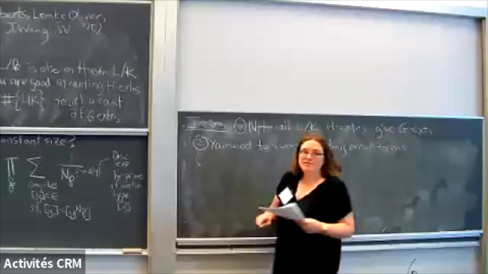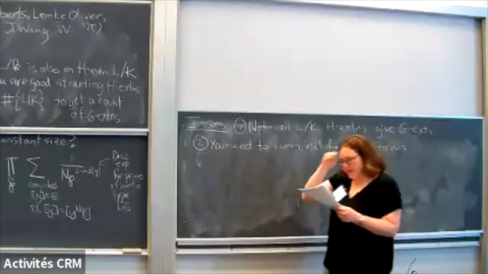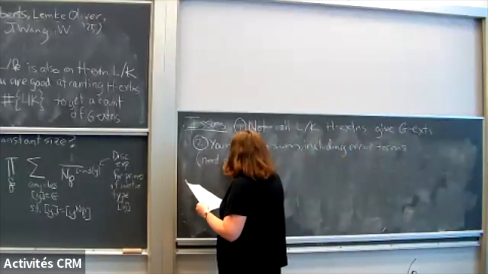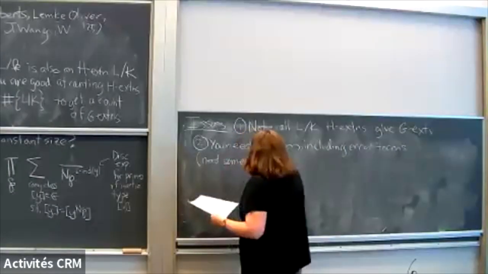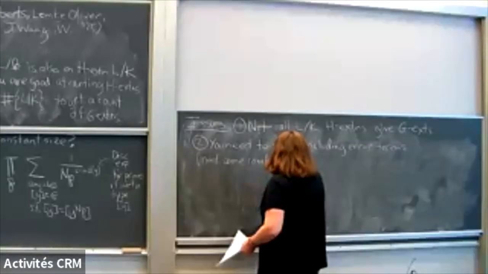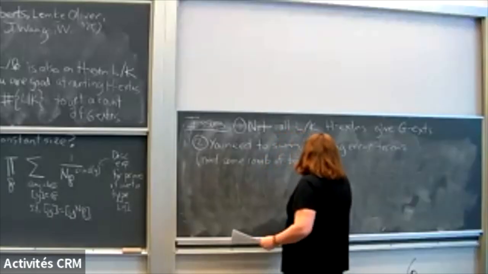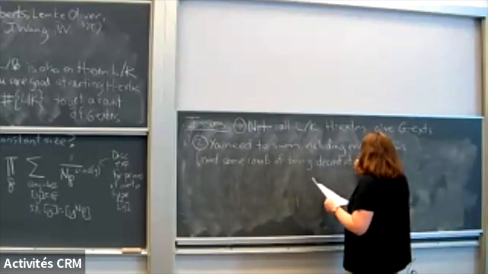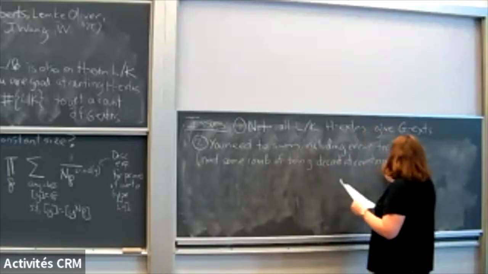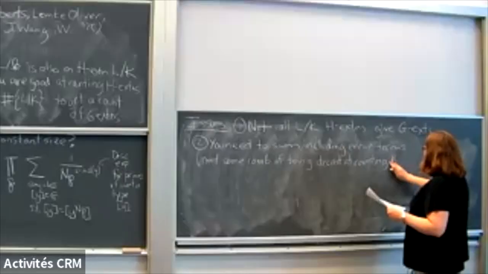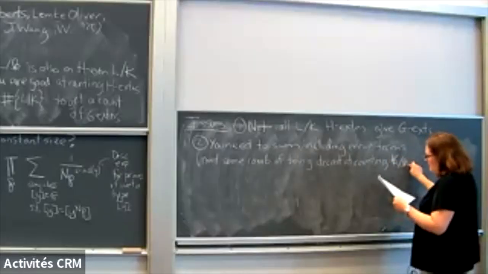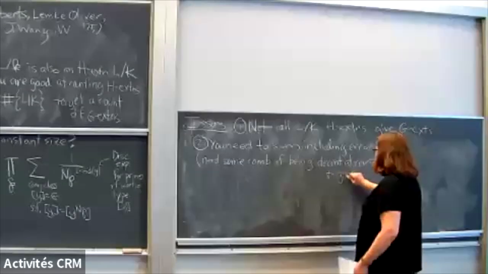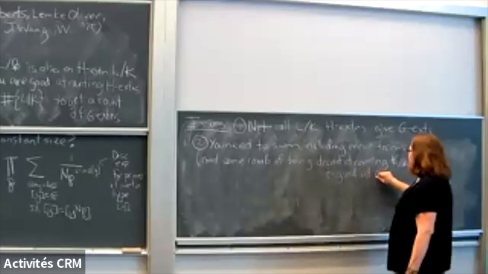So what I'm going to say about this second issue is that obviously here you need some combination of being, I'll say, decent at counting the bottom extensions, capital K over little k, and good at controlling error terms.